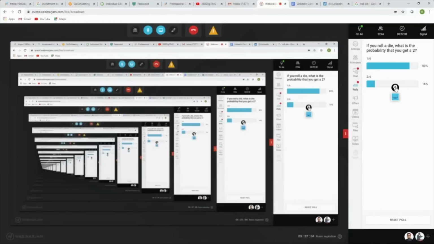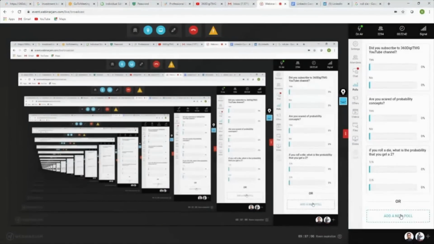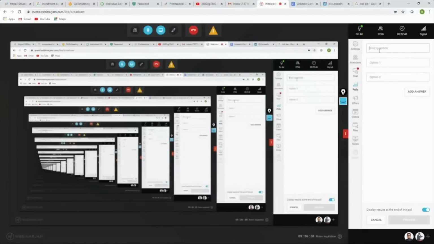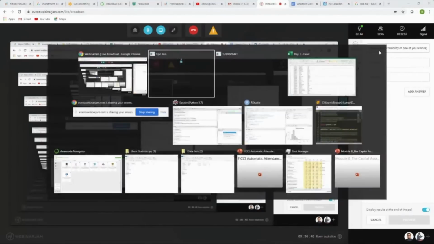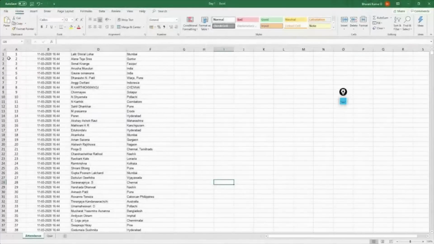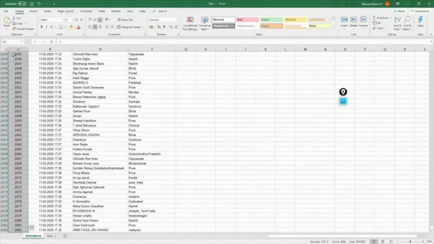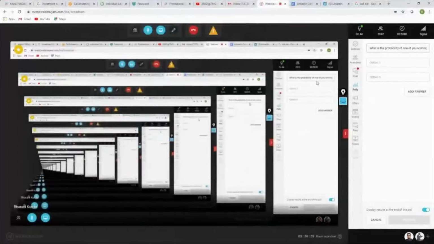In terms of the award, we want everyone to have an equal chance of winning this. So what is the probability of one of you winning an Amazon coupon if 2,682 people attended the session?